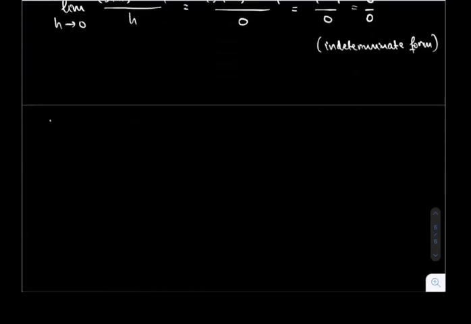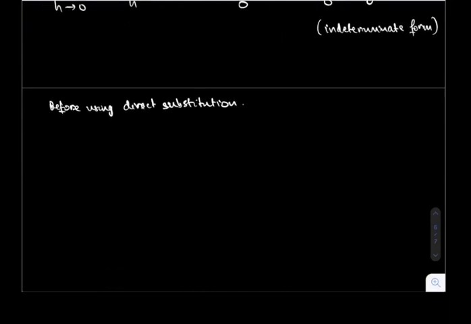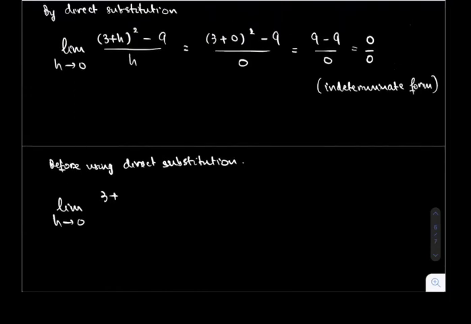So before using direct substitution, what you can do is simplify the function, right? So the function, you have 3 plus h squared minus 9 divided by h. What you can do is expand the 3 plus h squared, right?